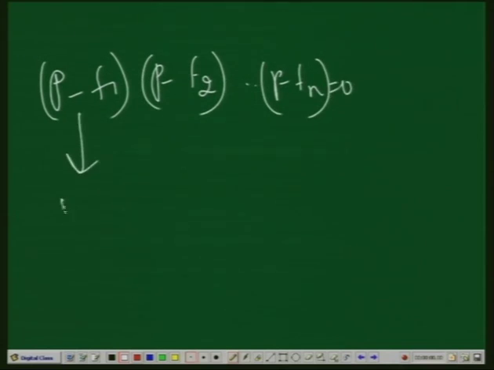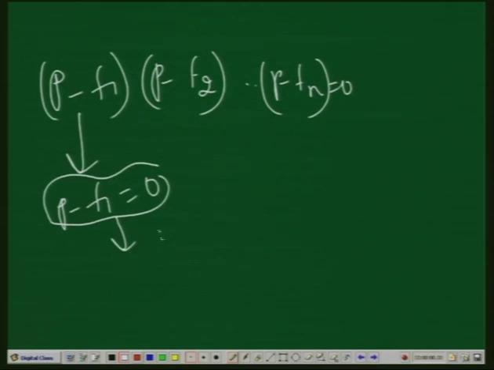When you equate this, each factor p minus f1 equals to 0, p minus fi equals to 0, which is a linear differential equation. P is dy by dx minus f1 equals to 0. f1 is a function of x and y. This is a linear differential equation.